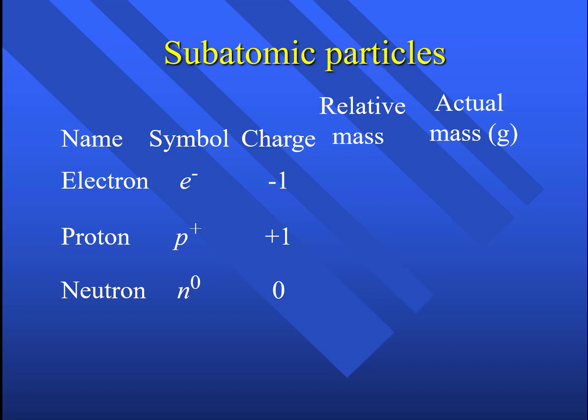Now, relative mass means compared to each other. So what this is saying is, if the proton weighed 1, then the electron would weigh 1/1840th. And the neutron would weigh 1 because it weighs the same as the proton. I could have also done that if the electron was 1.